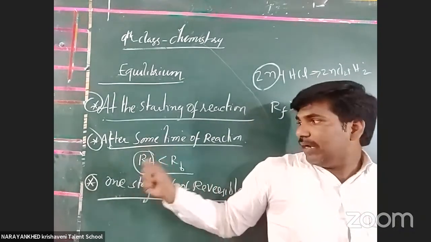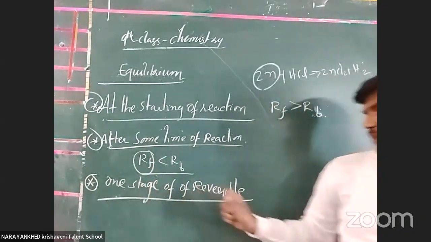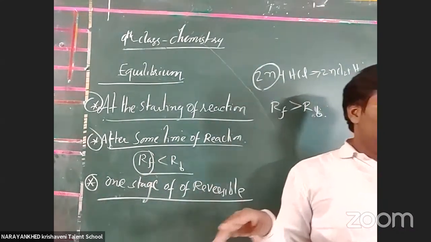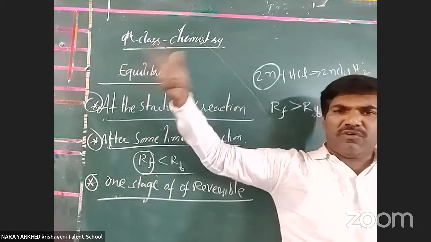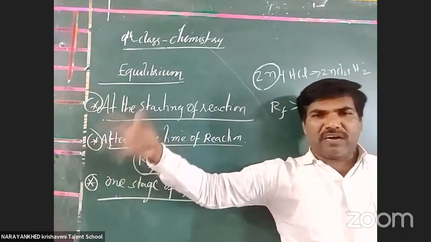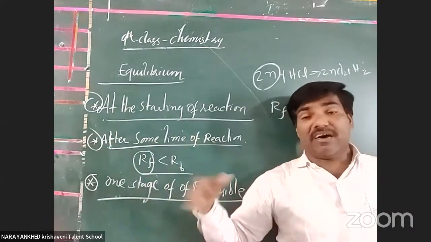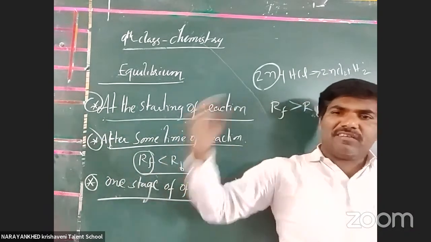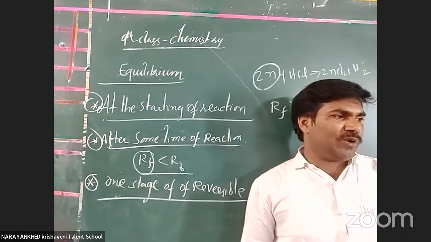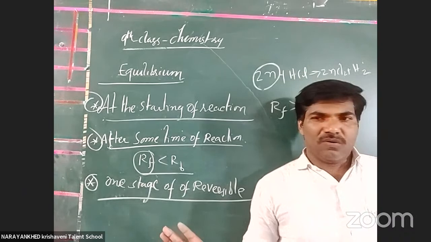Now come to one stage of the reversible reaction. Any one stage you can take here. Again the reactant is formed as curd. Further, also take after seven or eight hours, the process is going on continuously. Got it or not?